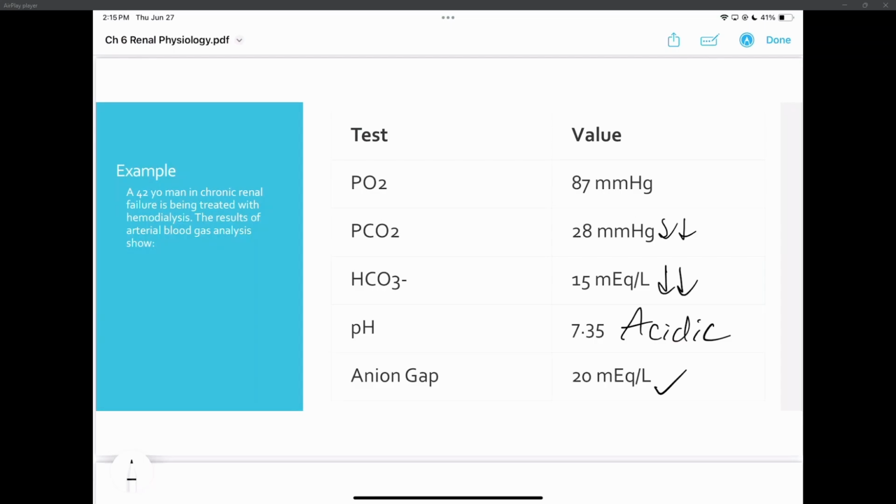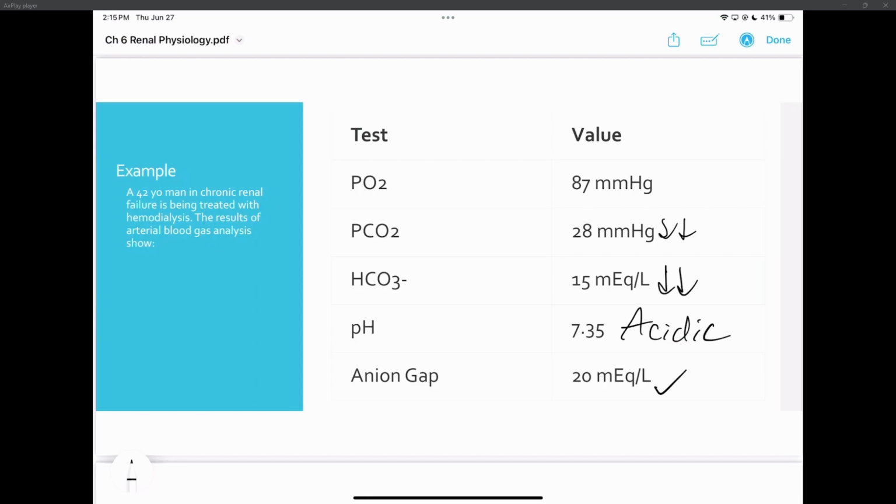So if I said, and this is your scenario, here's the lab work, what is the primary derangement for this patient? Metabolic acidosis. The metabolic matches the acidity. What's the compensation for this one? Respiratory alkalosis.